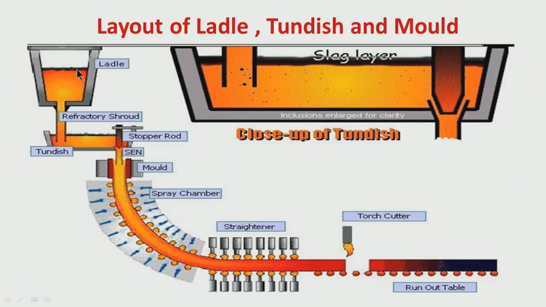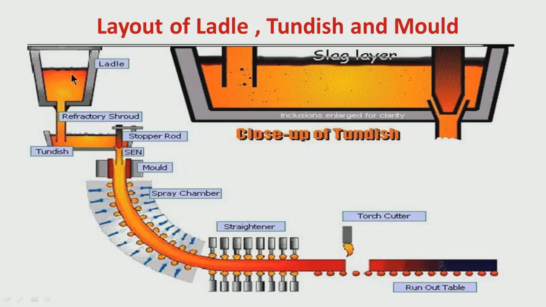So, we have to take some care in the ladle itself, because when the liquid steel is coming from ladle to Tundish, we have to be careful. Then we have to be careful in the Tundish itself, because the liquid steel stays here for quite some time. A ladle may contain 150 ton or 200 ton, maybe 250 ton, maximum 300 ton.